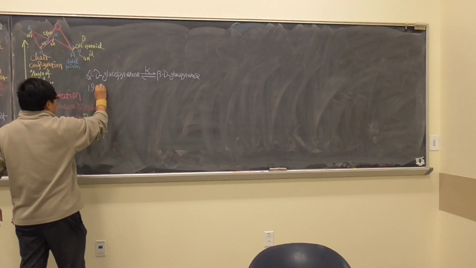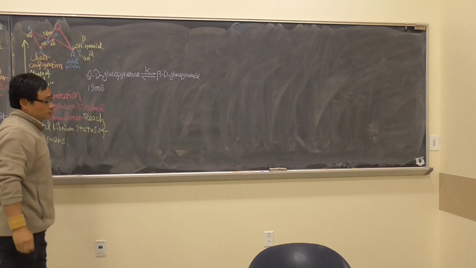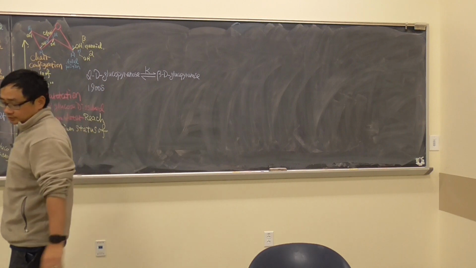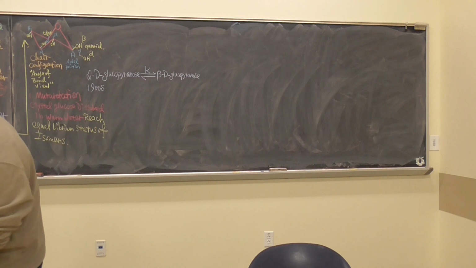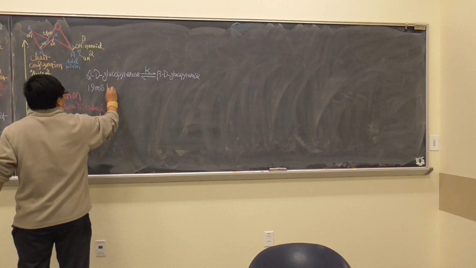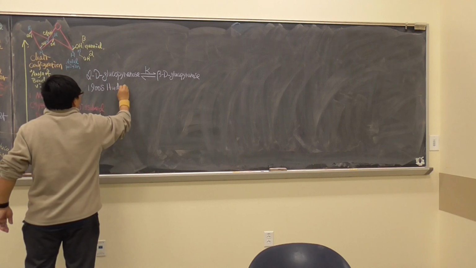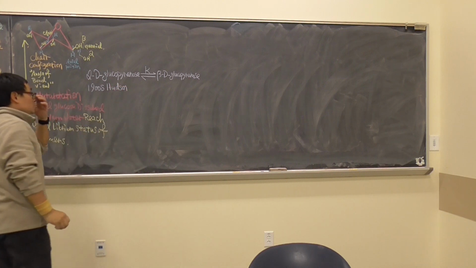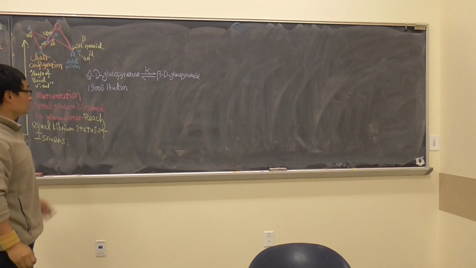In the 1910s, there was a scientist named Henderson who came out with a very interesting equation for the K value.